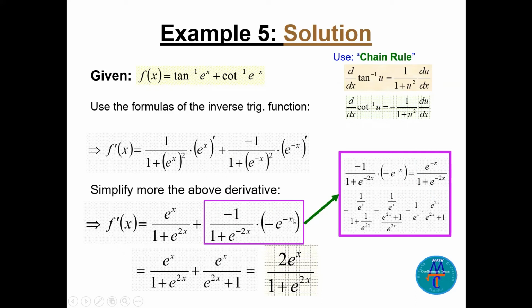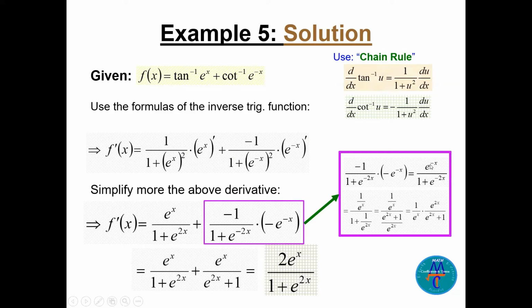Now, let's take this in this rectangle here and simplify it on the right side. Only this part, please, after the plus. Minus 1 over this times minus e to the power minus x. So when I multiply these two minuses, it becomes e to the power minus x over that. Now, let's make everything positive here.